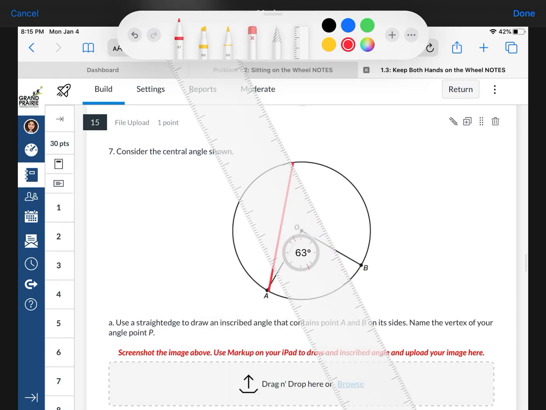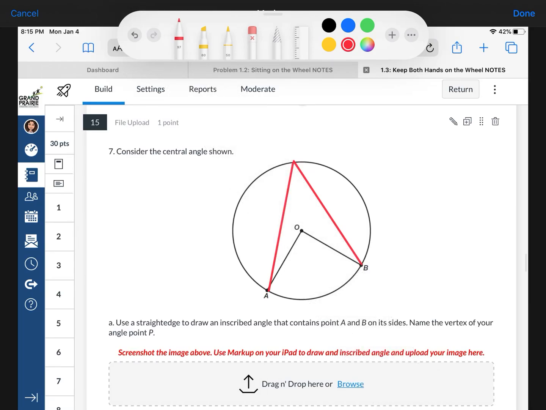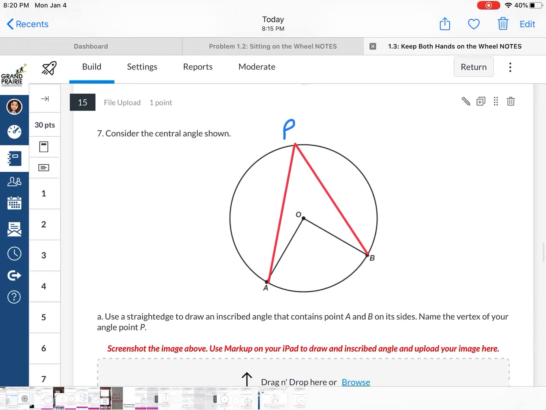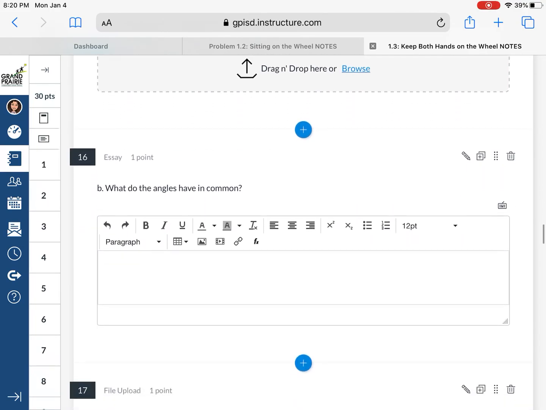And we're going to move it like so. And I believe it says to name the vertex point P. And we're going to click done and done. Okay, and we can go ahead and upload that.